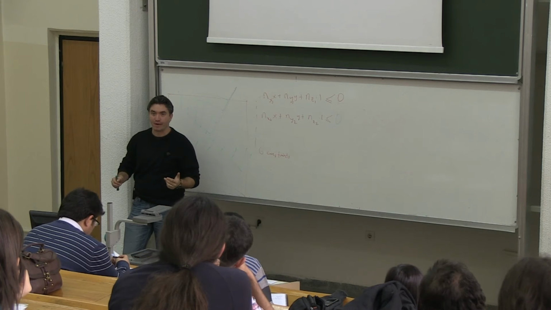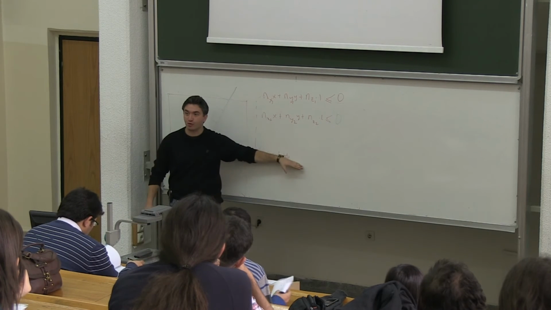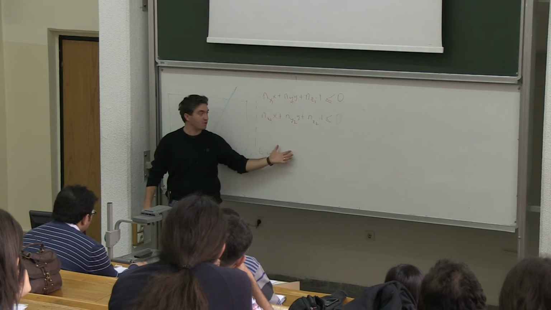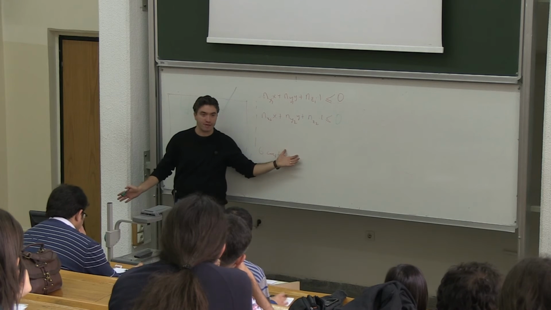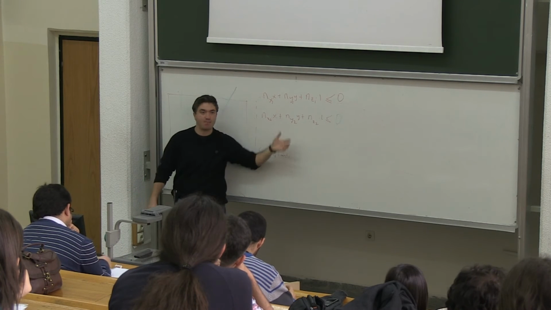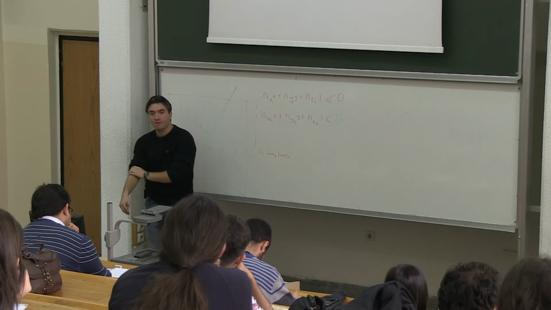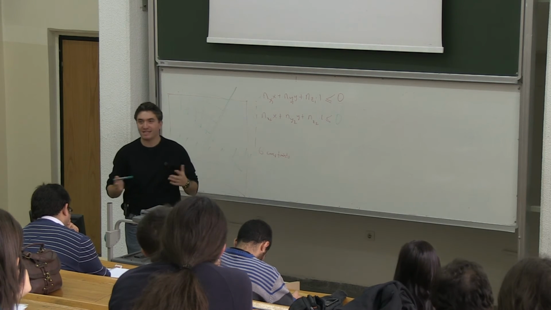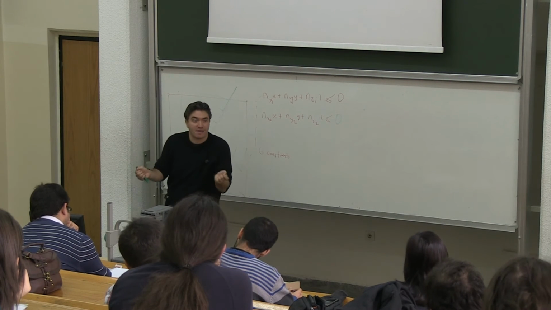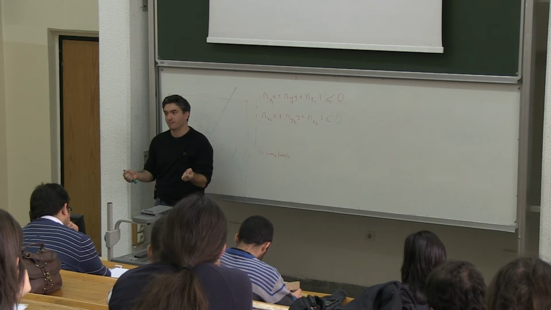In a linear program, in addition to these constraints, so in the original problem, all we have are these constraints. We just need a point that satisfies these constraints. But in a linear program, we usually want to maximize or minimize something, an objective function.